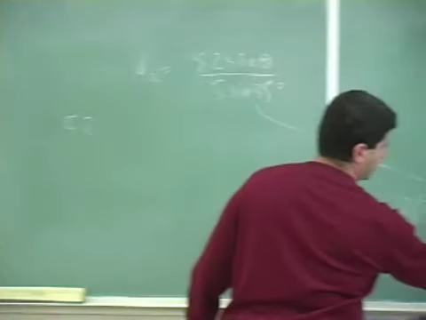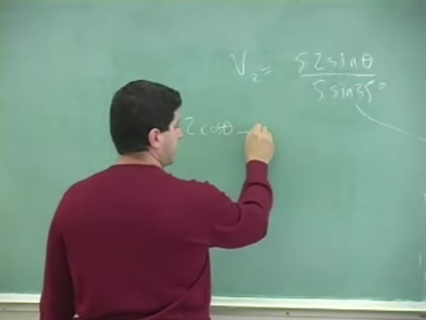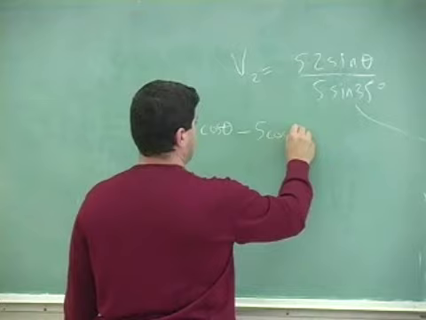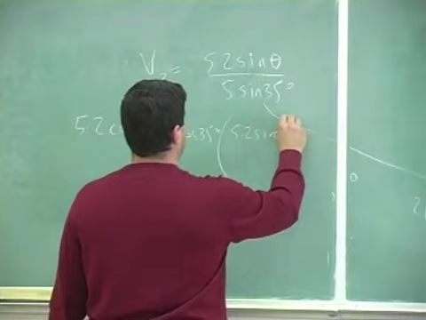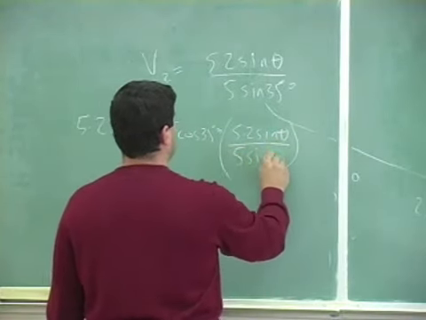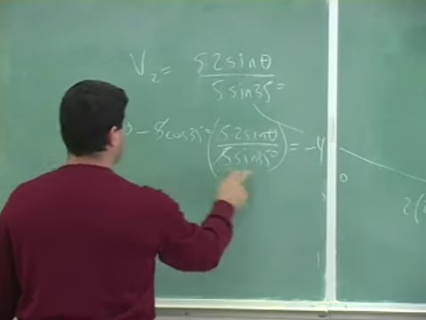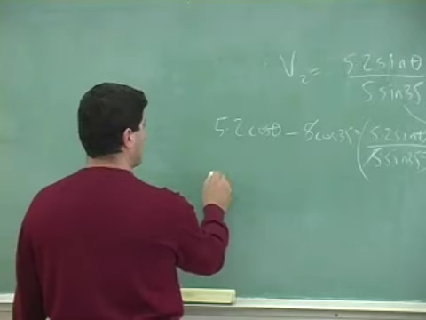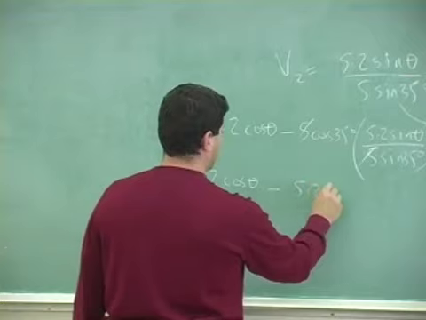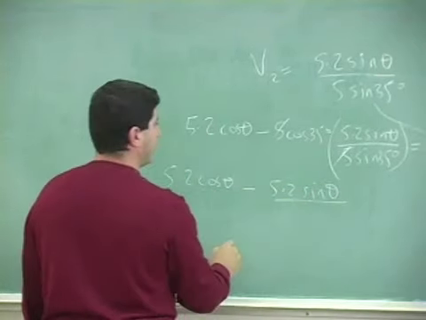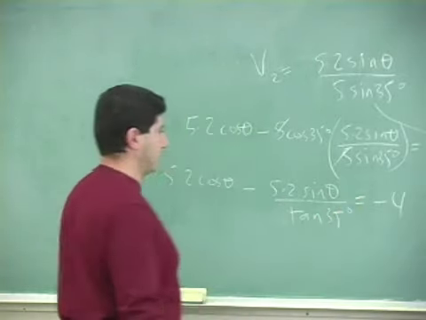So substitute it into this V2. 5.2 cos theta minus 5 cosine 35 times the V2, which is 5.2 sine theta over 5 sine 35, equals negative 4. So the 5 and the 5 cancel, and then this is tangent, so rewrite it as 5.2 cosine theta minus 5.2 sine theta divided by tangent 35 equals negative 4. Now solve for theta.